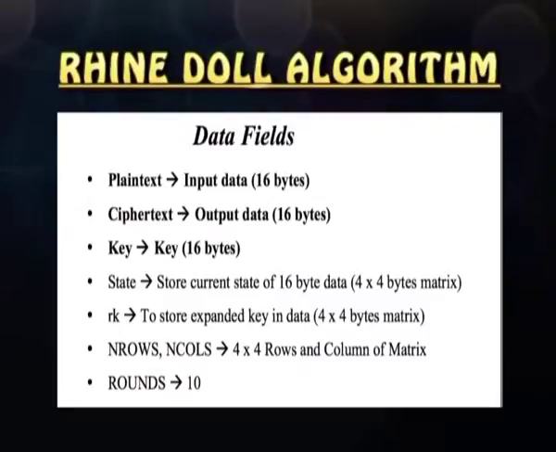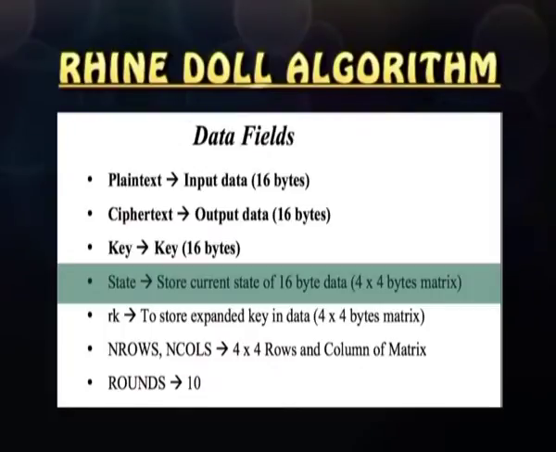During the calculation, the current state of the data is maintained in an array state whose size is n rows by n columns. For 128-bit blocks, this size is 4 by 4 bytes. With 16 bytes, the full 128-bit data block can be stored.